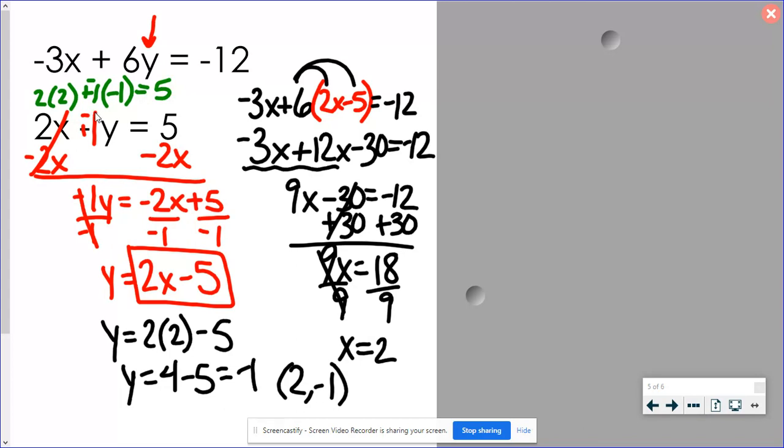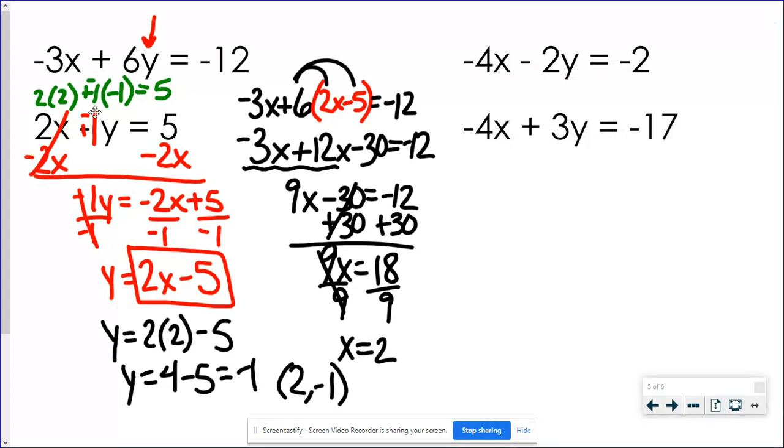And for our last problem, now I'm going to have to do some division besides just dividing by -1. So I would want to pick the thing that's going to be the easiest to divide by. I would not choose this y because I'm going to end up dividing everything by 3. That doesn't divide nicely by 3, and neither does that.